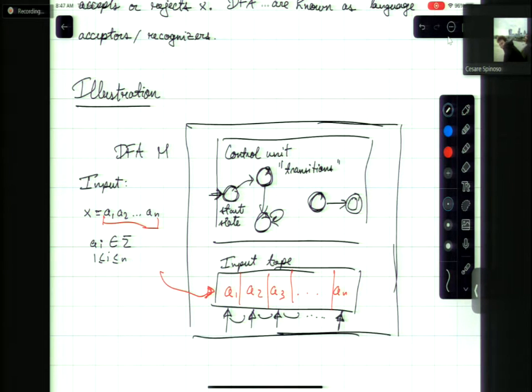Okay, so in other words, if M ends in an accept state, it accepts x. That's why it's called an accept state. Otherwise, it rejects x. Okay? So that's the high-level intuition.